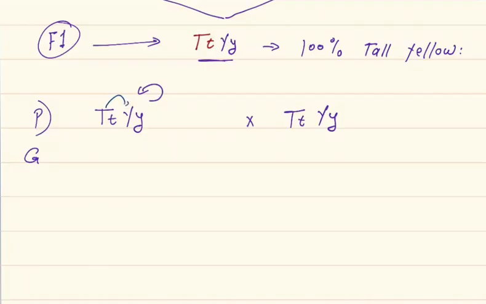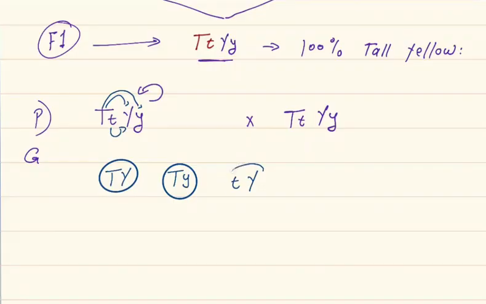The first with the first will be T capital, Y capital. This is the first gamete. The first with the second, T capital, Y small. This is the second gamete. Now let's see here. The second with the first, that's going to be T small, Y capital.